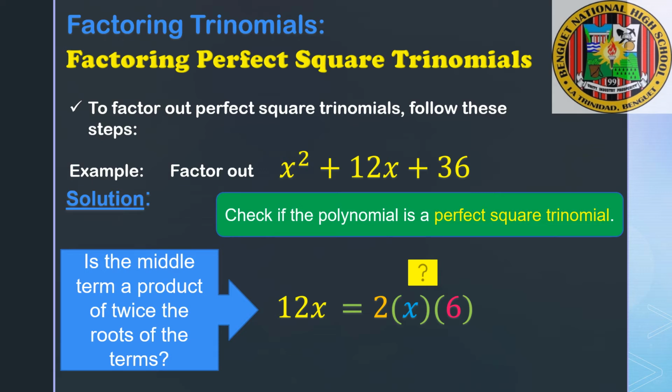Since the result of that operation is equal to 12x and our middle term is 12x, we confirm that the middle term of the trinomial is a product of twice the square roots of the terms. Since all the conditions are met by the polynomial that we are given, we can say that the polynomial is a perfect square trinomial.